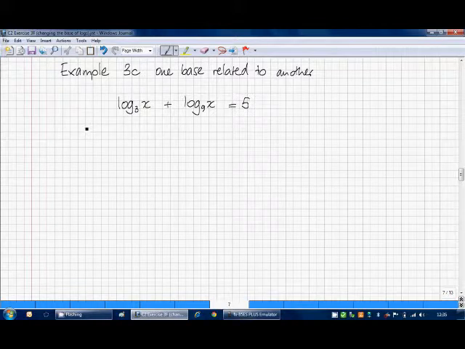Okay, so in the second example of this type, we're going to use that rule in a slightly different place.